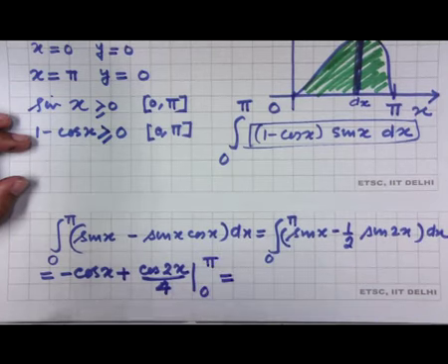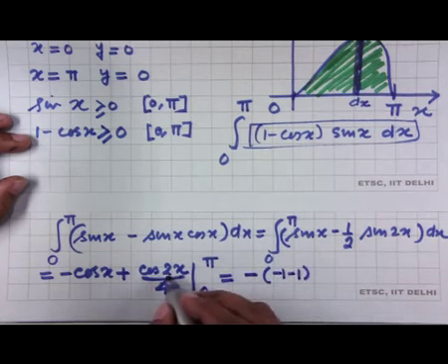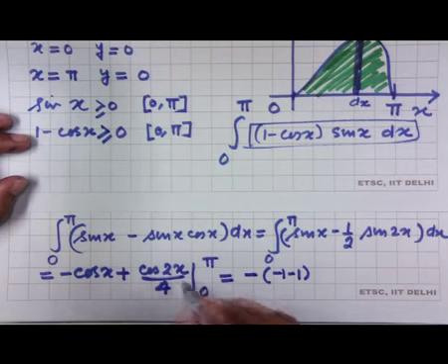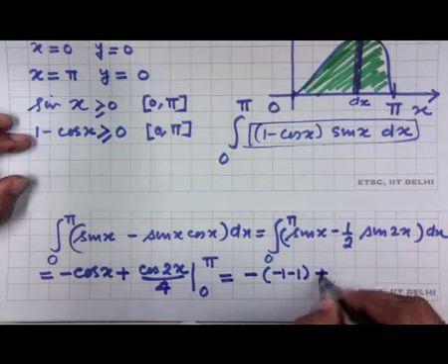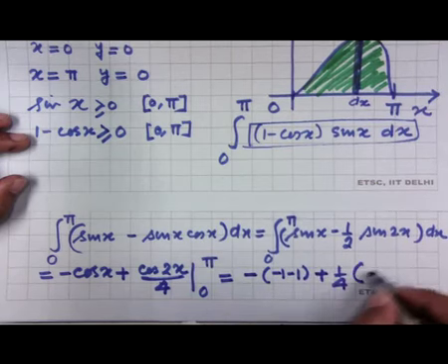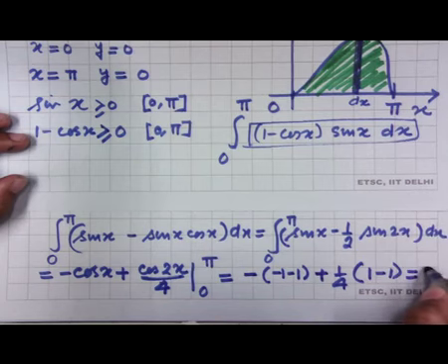So this will give you minus 1, and then at 2 pi and 0 you will get 1 minus 1, so plus 1 by 4 into 1 minus 1, so finally you get 2.